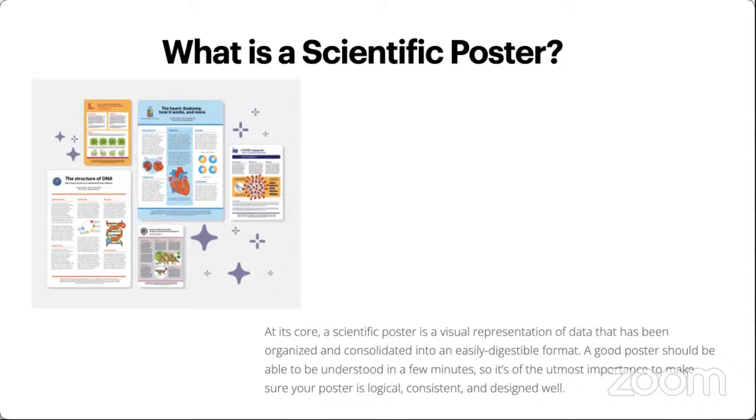But it should also be able to independently represent the research. If someone wants to scan through the poster and understand more about the research, the terminologies, their findings and their conclusion in general, the poster should be able to hold its ground on its own.